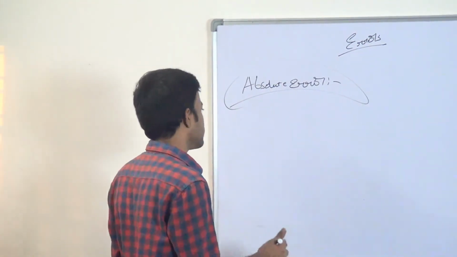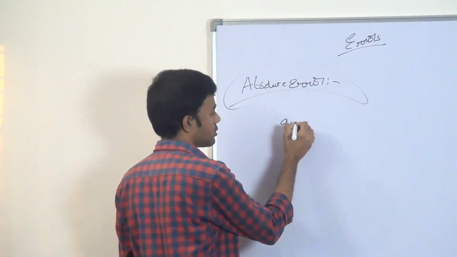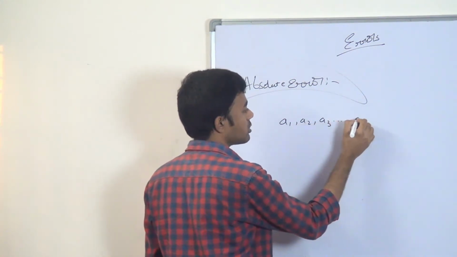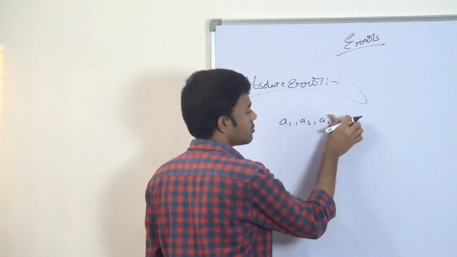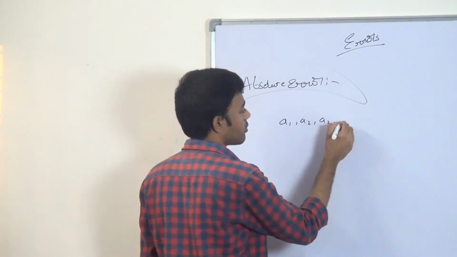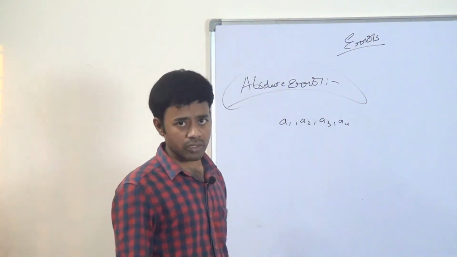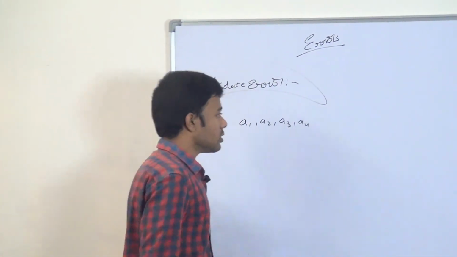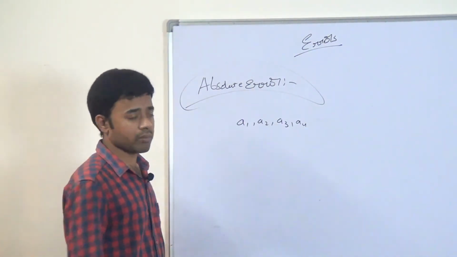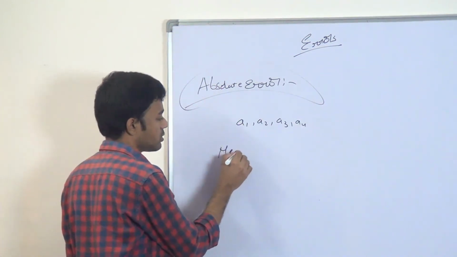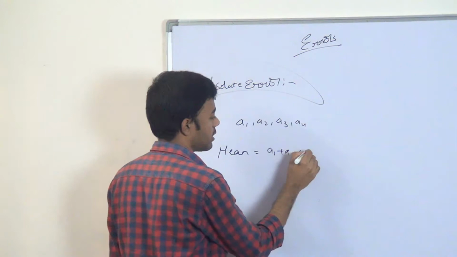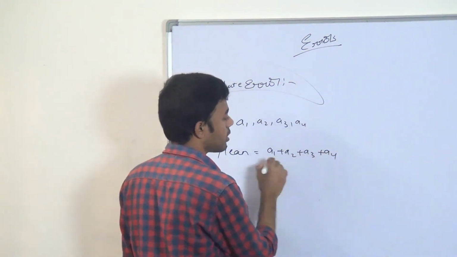Suppose we have some values or calculations A1, A2, A3 and so on, up to A4. So we have 4 values for a physical quantity. First we take the mean or average of the values: A1 plus A2 plus A3 plus A4, divided by 4.